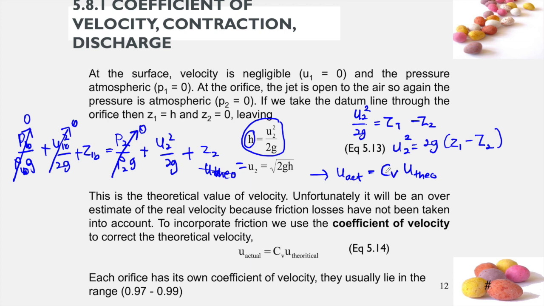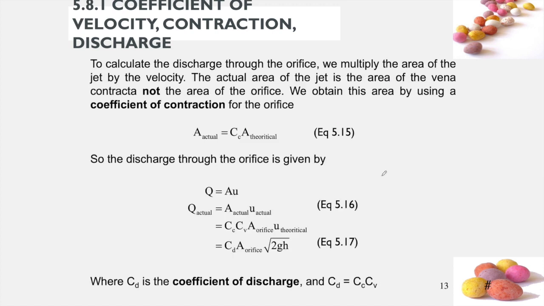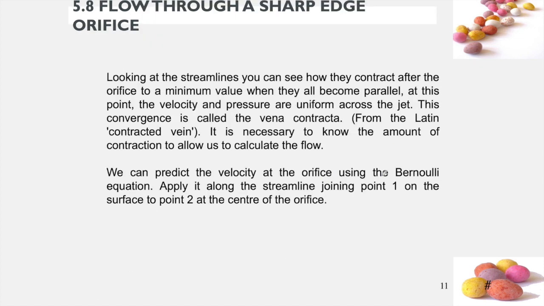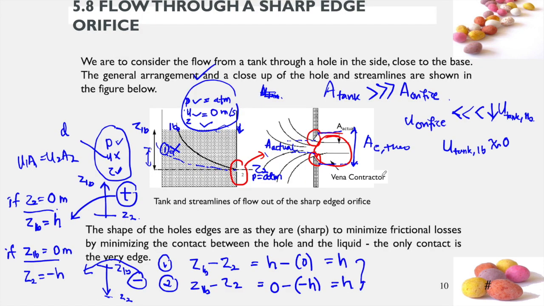This CV, the coefficient of velocity, is normally given. It depends on the manufacturer. They will give you this coefficient. Sometimes this coefficient is in the range of 0.97 to 0.99. The same goes for area. We know that previously, for A actual, the diameter of this sharp edge orifice is at this point, so we will be given this point to this point.